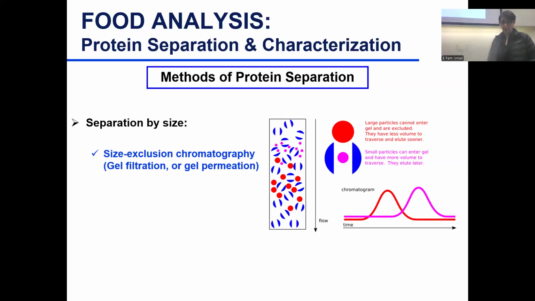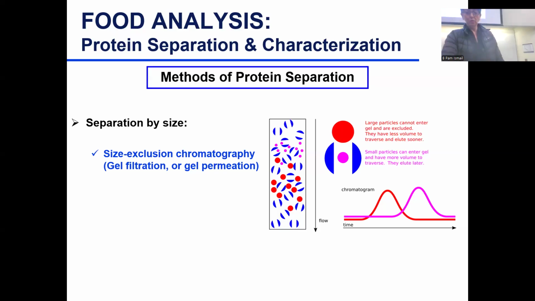And if you remember from chromatography, I don't know where my pointer is, I didn't pick it up. What comes out first, the largest or the smallest in size exclusion? The largest comes out first because those particles that you fill your column with, which is your stationary phase, each particle has different pore sizes.